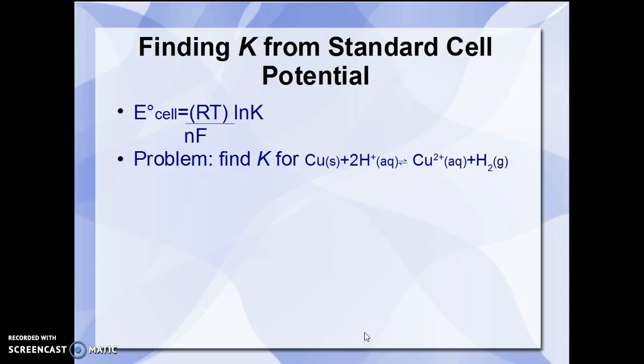Now how about finding K from a standard cell potential? Well, we use this equation, E0 of the cell equals RT over nF times the natural log of K. This is like the one you did before, but now we're looking for the equilibrium constant. To find K for this reaction, if you're familiar at all with metals reacting with acids, you can see that copper is not a metal that reacts with, say, hydrochloric acid.